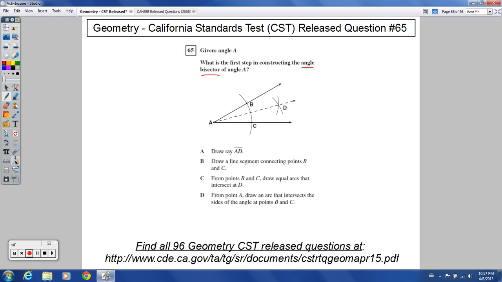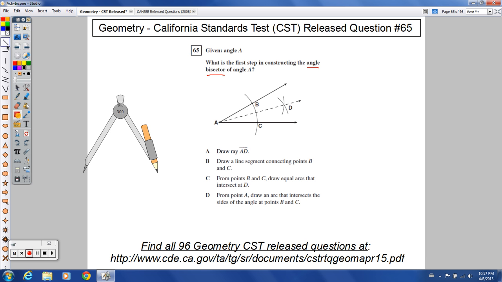And I'm going to get out my compass tool here to help us figure this one out. I'm also going to use some perfectly straight lines. I'm going to copy this angle exactly right here, and I'll use that. I'm not going to freehand these lines because I want you to see how this construction would be done. So here's my angle right here.